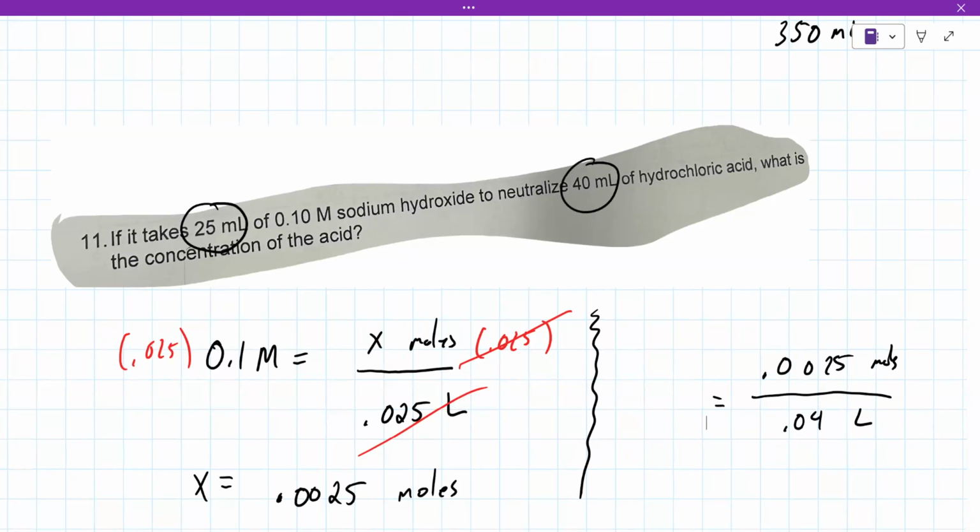Okay, so 0.0625. Okay, we'll probably check some of these. I haven't checked one in a while, but that is correct. Okay, awesome.